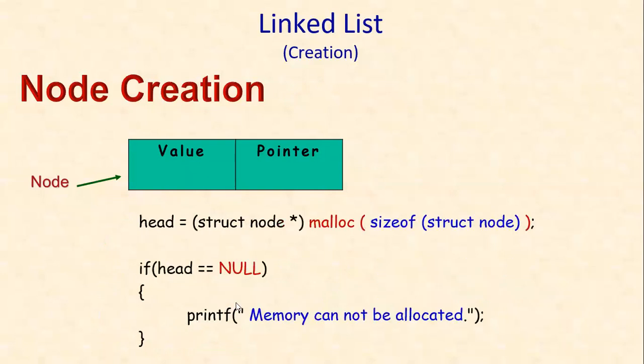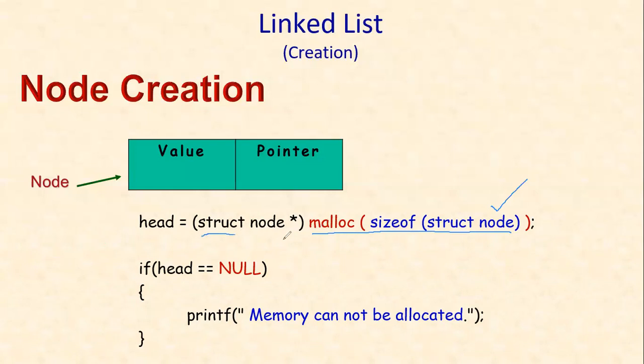After declaring the node, what will we usually do? We will create the node. What do you mean by creating a node? Allocating memory for that node. So you have the malloc function to allocate memory for this node. You know the syntax of malloc.